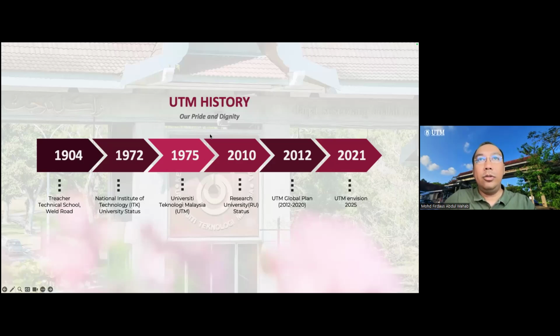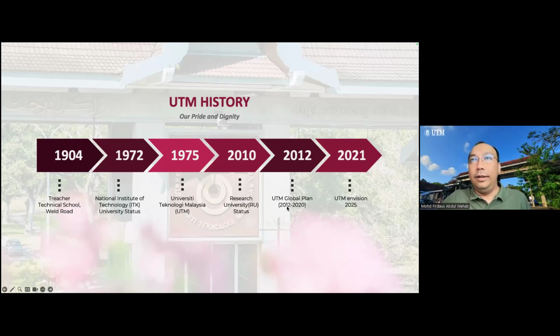And in between here is when we moved our campus from Kuala Lumpur. We still have the Kuala Lumpur campus. We call it a city campus. So we moved to Johor Bahru as our larger main campus. So we have been in Johor Bahru ever since. And we got the research university status in 2010.